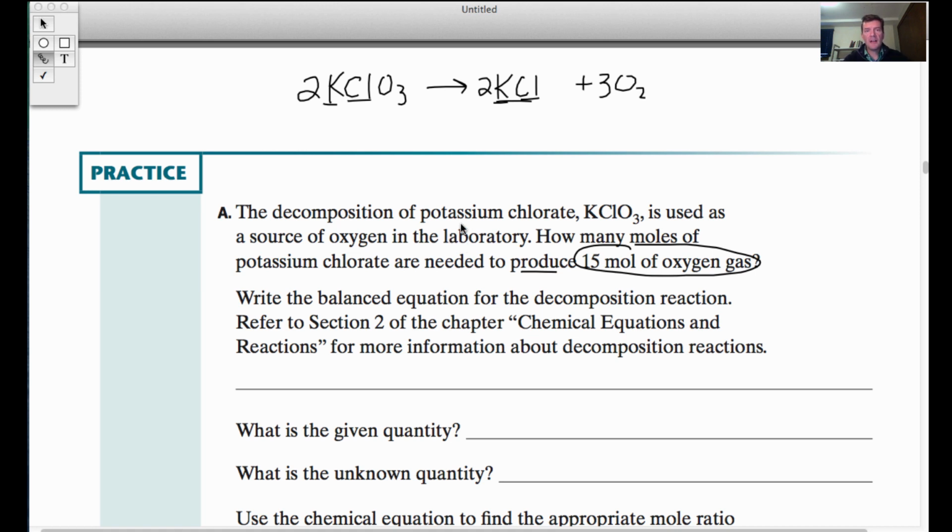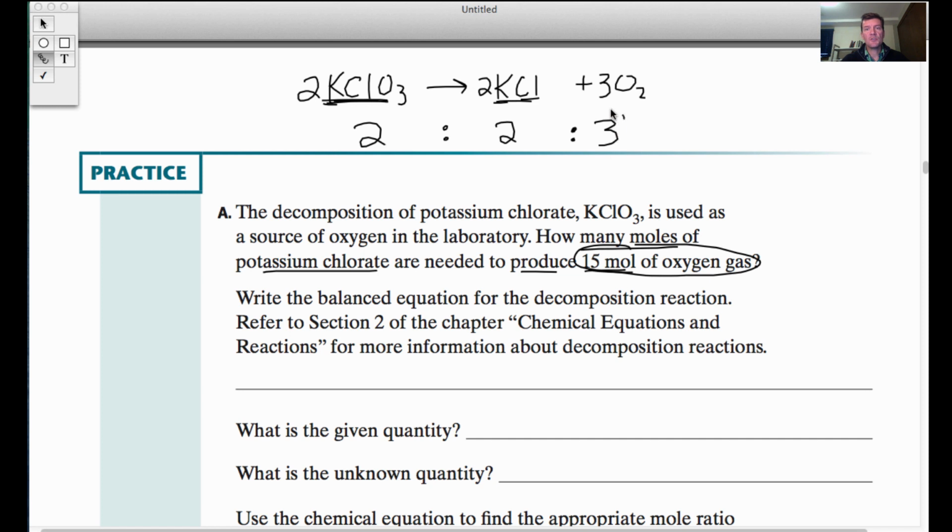Now we have a balanced chemical reaction that we can use, and the mole ratios are 2 to 2 to 3. Okay? 2 to 2 to 3. That is given. And they always are going to react in that ratio. So now we're asking this question. How many moles of potassium chlorate, that's this guy right here, are needed to produce 15 moles of oxygen?